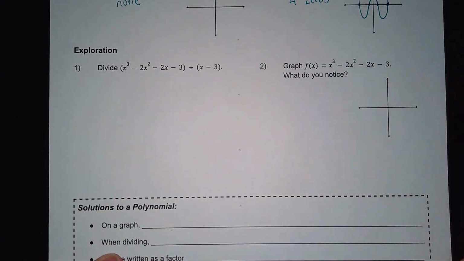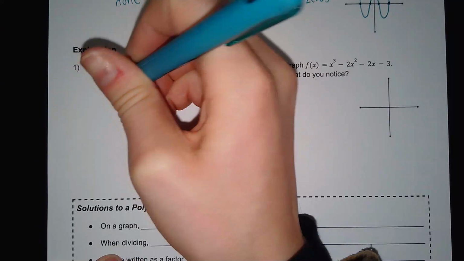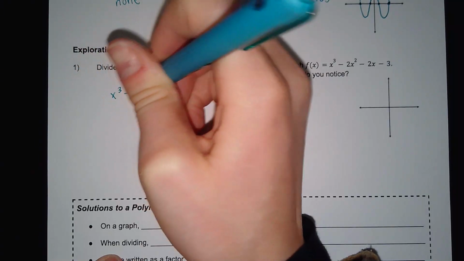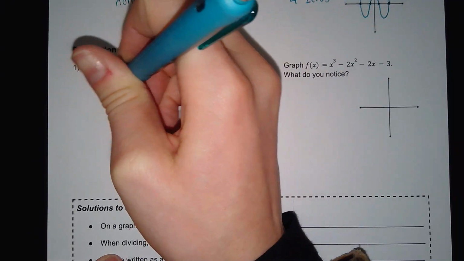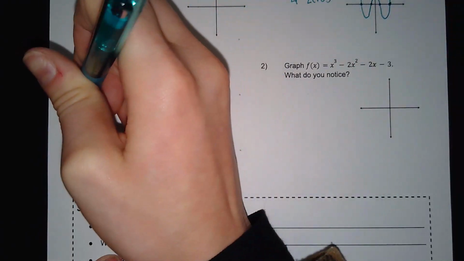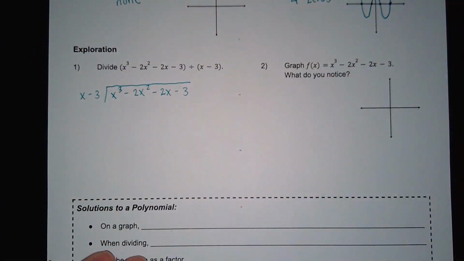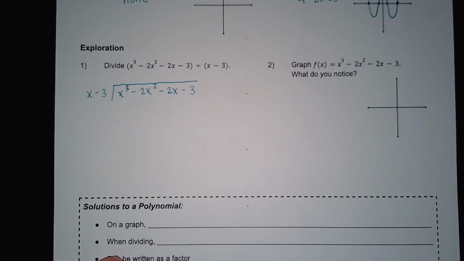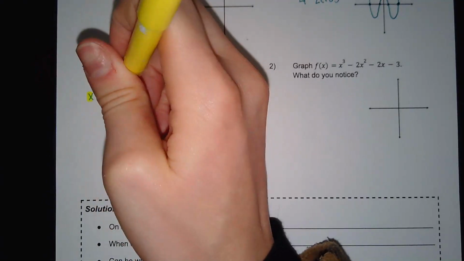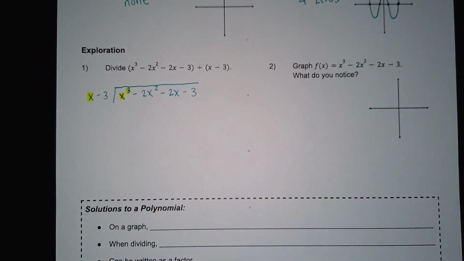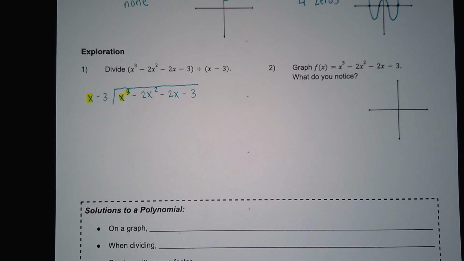I'm going to set up my long division problem. So the polynomial that comes first is going to go under my division sign, and the polynomial that comes second will go outside. With long division, we are always starting with our first terms. So I'm going to watch this x and x cubed, and our process is factor, multiply, subtract.